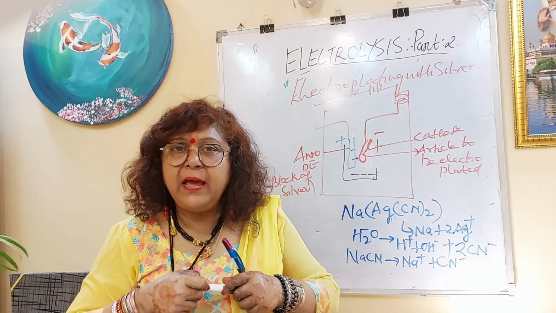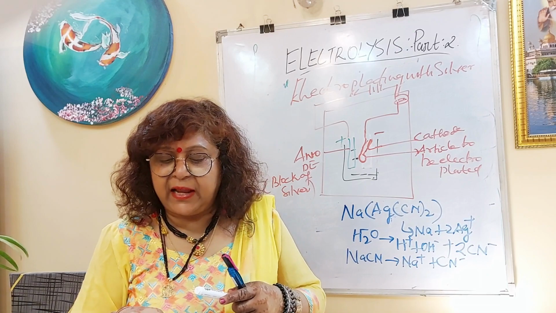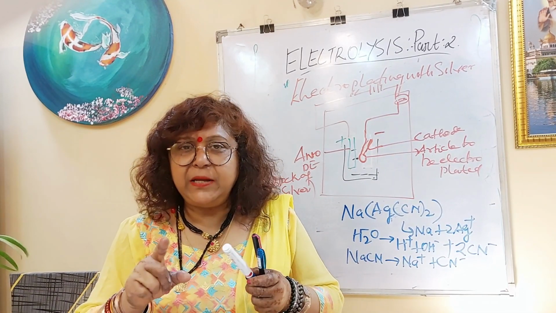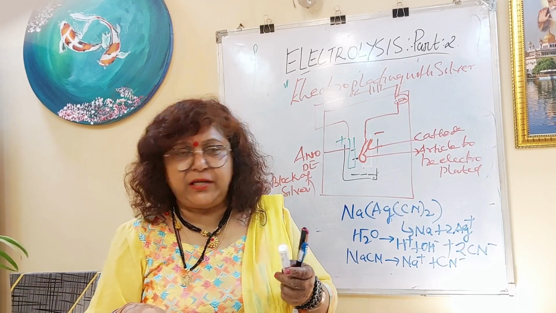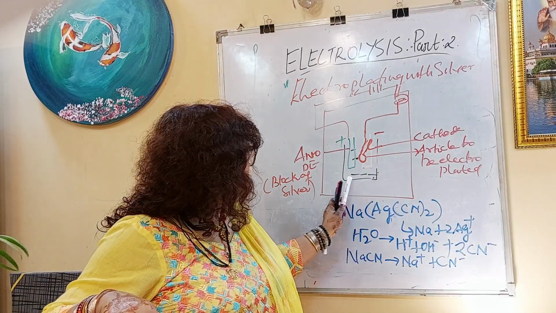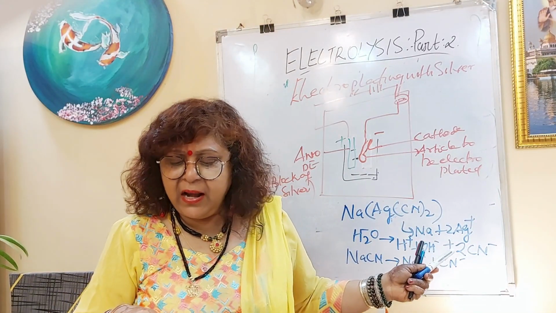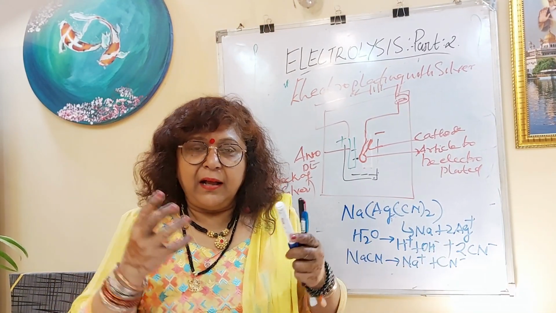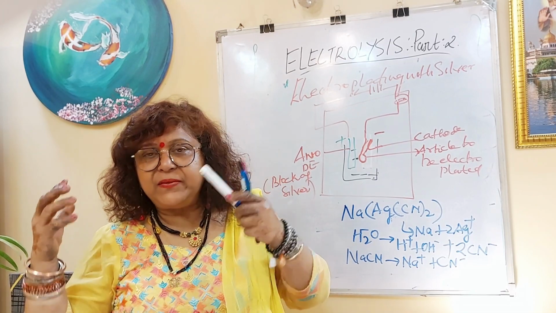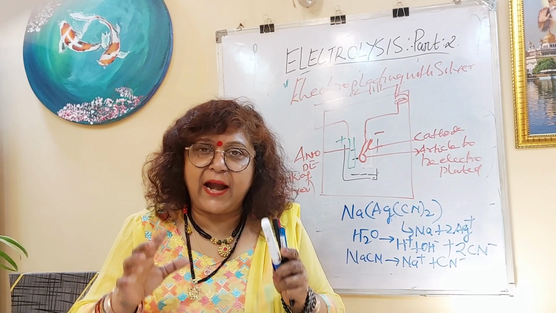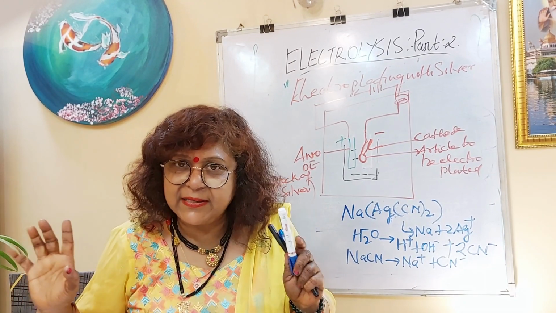Now the reactions which take place at the cathode are Ag+, silver ions coming from the electrolyte, will go and form silver metal. It will form here at the cathode. So Ag+ plus an electron at the cathode forms plain silver, Ag.